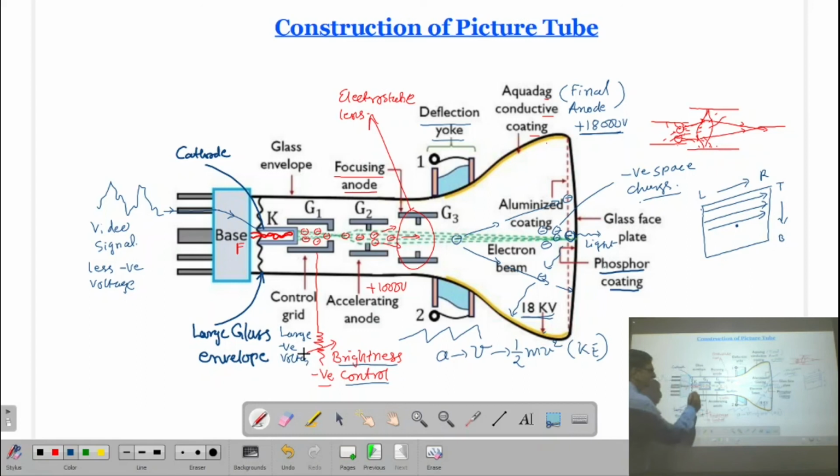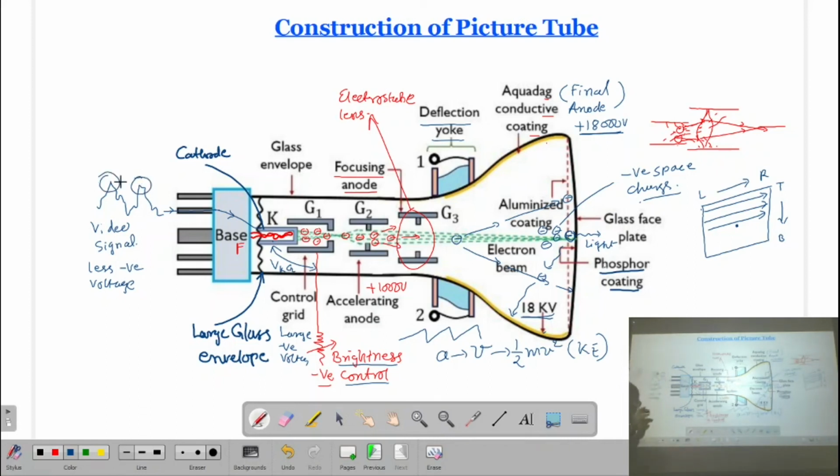So due to this, the voltage between the cathode and the grid, that is known as VKG, is going to change, and accordingly the number of electrons coming out changes.